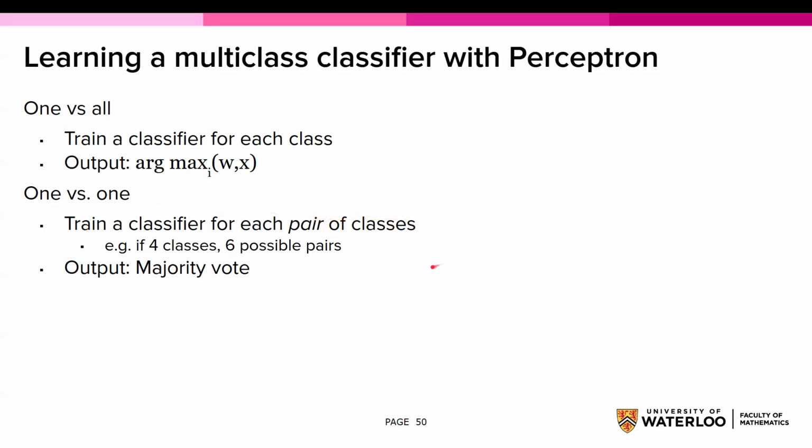The idea here is that you train a classifier for each pair of classes. For example, if you had 4 classes, then you'd have 6 possible pairs, so you'd need 6 classifiers. And then to get a prediction, you'd output the majority vote of that ensemble.